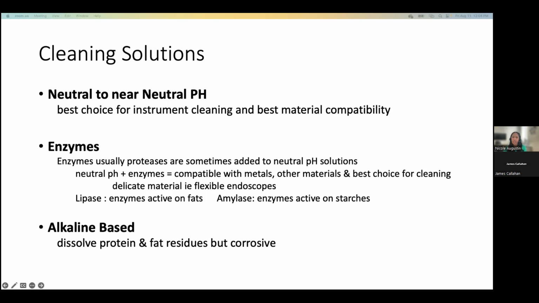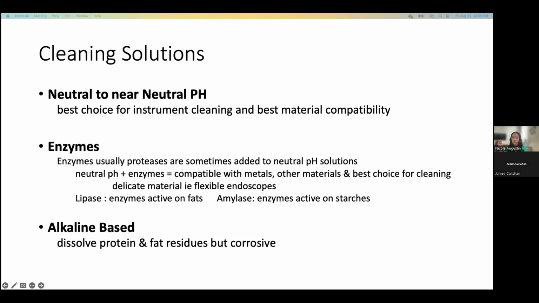Enzymes, usually protease, are sometimes added to the neutral pH solutions because they're more compatible with metals and other materials, and it's the best choice for cleaning delicate materials such as your flexible endoscopes. Cleaning solutions can also contain lipase, which are enzymes that are active on fats, and amylase, which are enzymes that are active on starches.